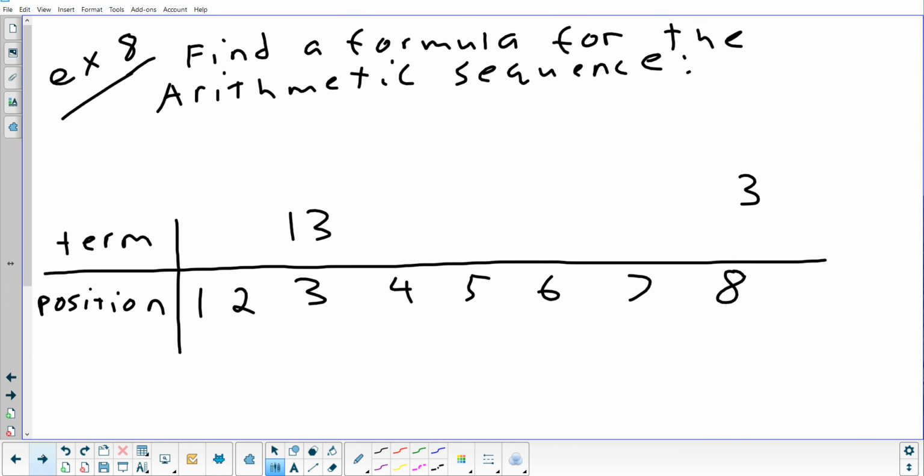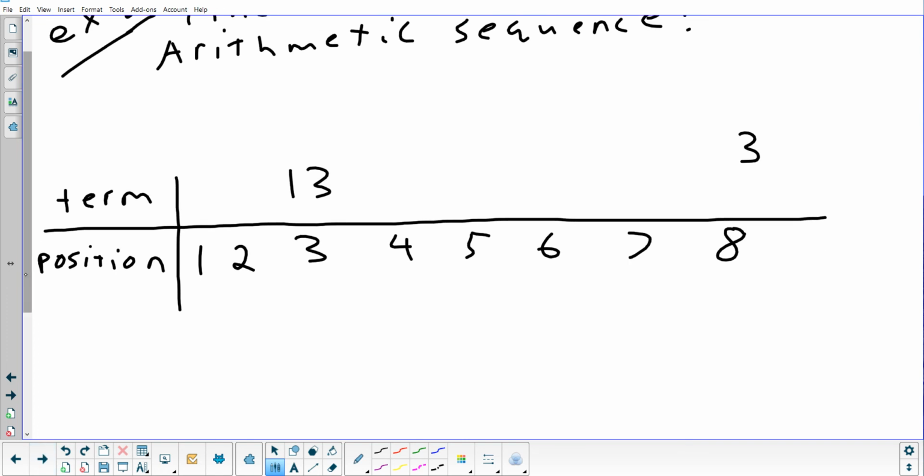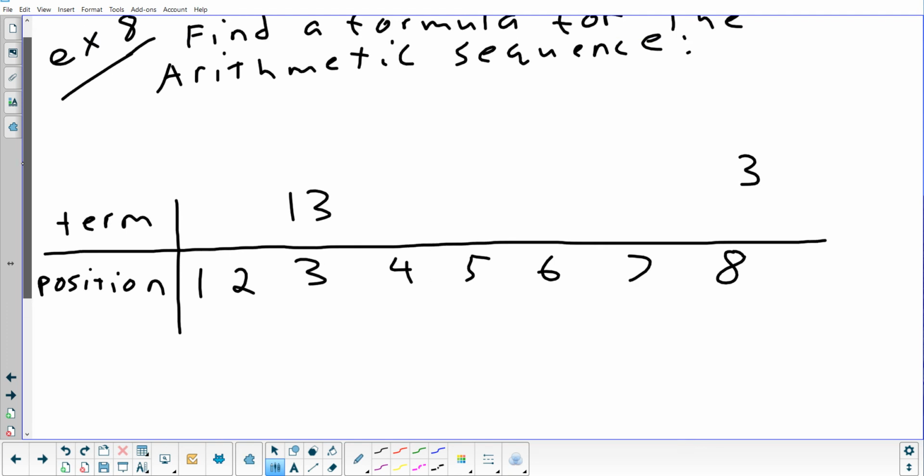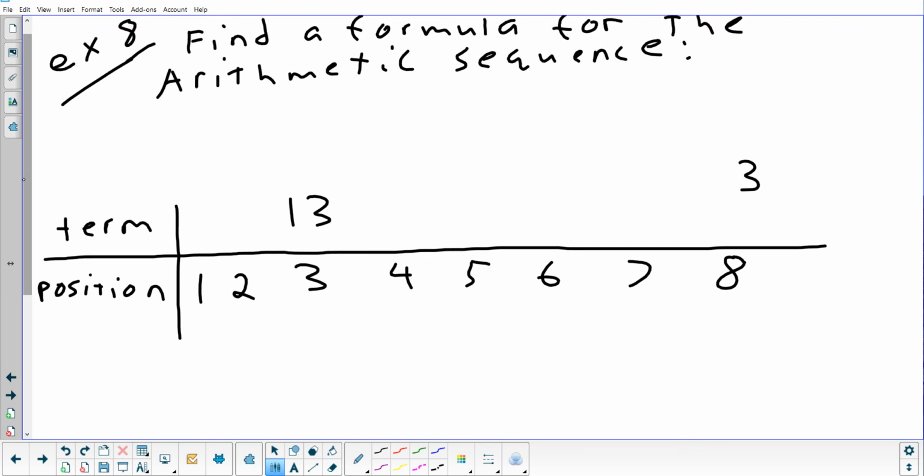Okay, find a formula for the arithmetic sequence. All right, they give you the third and the eighth term. If all they said in writing was the third term is 13 and the eighth term is 3, you're probably going to want to make a diagram like this. How are we going to figure out the first term? We need to know it. Yep.